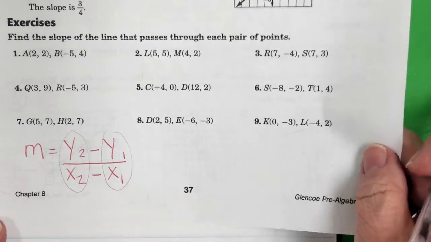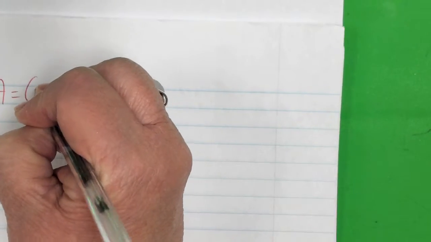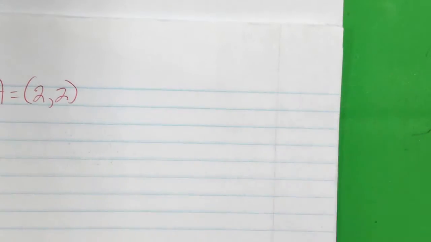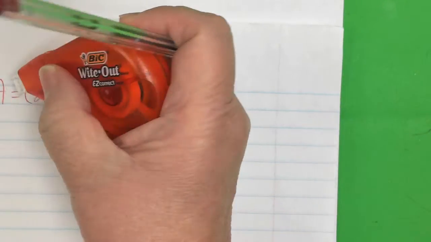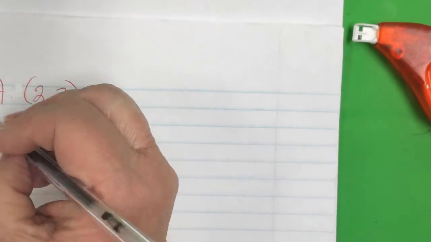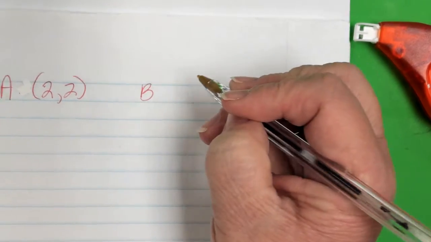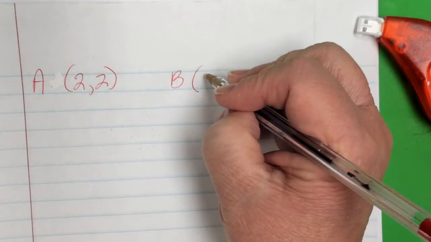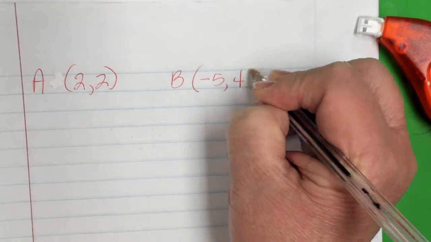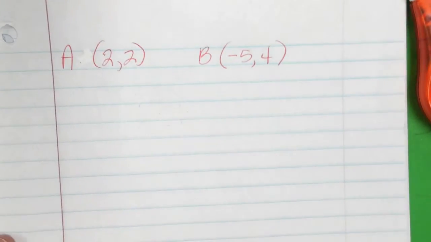We have A is 2, 2. Did not mean to put the equal sign there. And B is negative 5, 4. Okay?